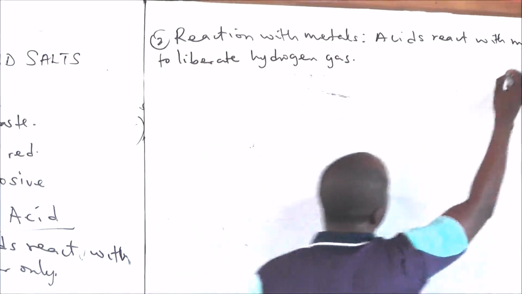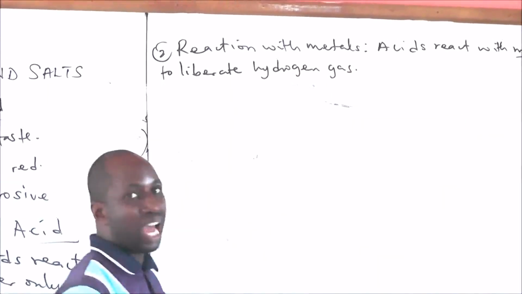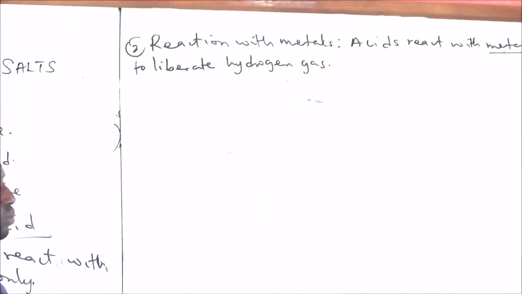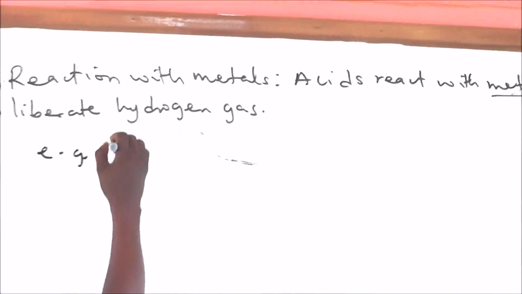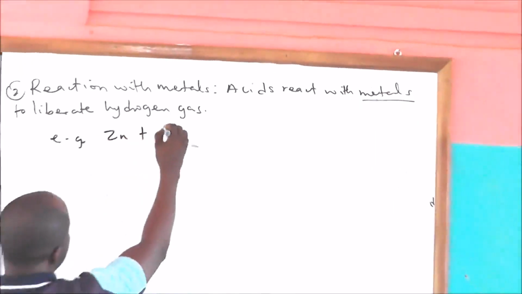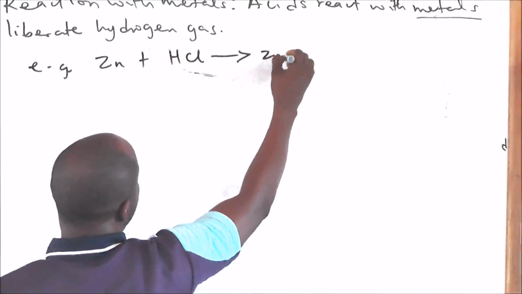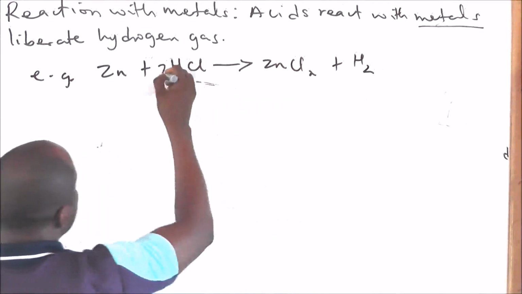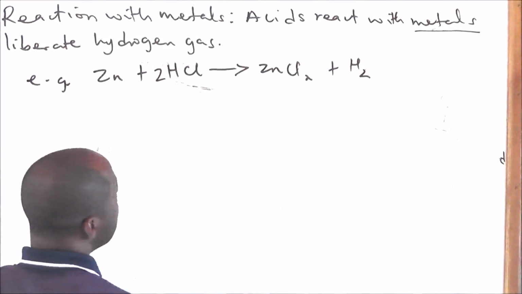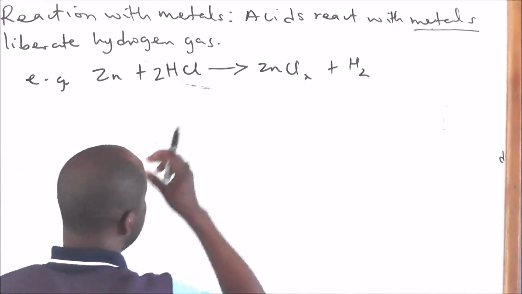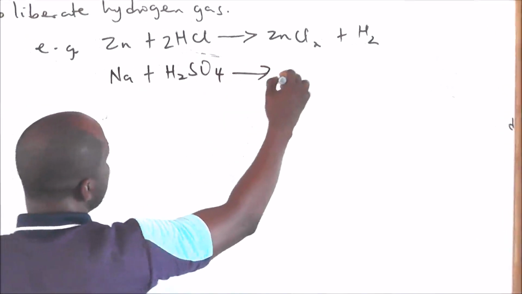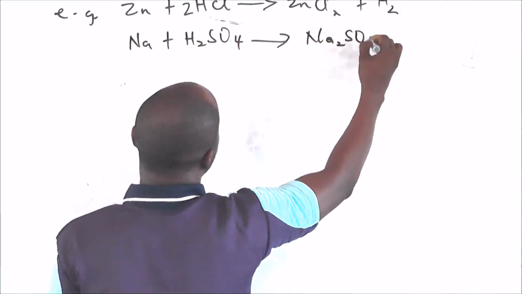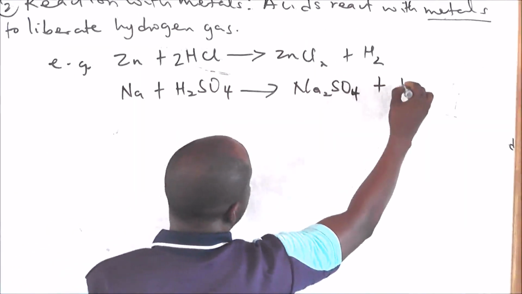Though not all metals, it reacts with metals that are highly electropositive, the most reactive metals, to liberate hydrogen gas. For example, Zn plus HCl, you are going to get ZnCl2 plus H2. This is displacing the hydrogen ion from this compound. You can also have Na plus H2SO4, and you are going to get Na2SO4 plus H2.